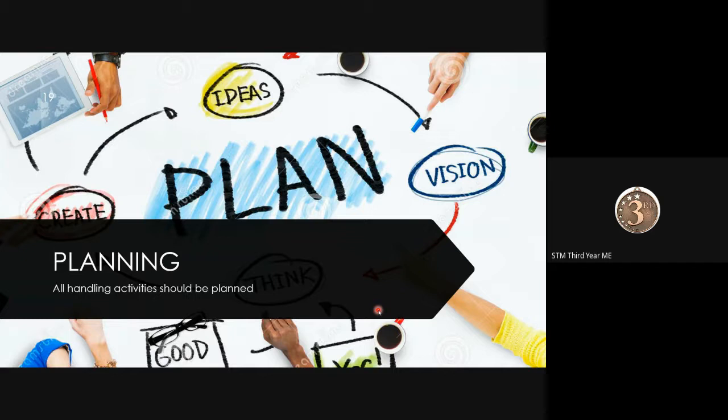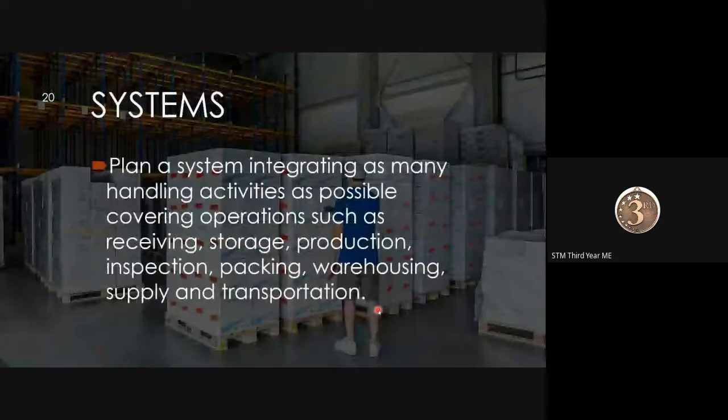We have already studied many planning stages, which were part of product design when the industry itself is being planned, right? During that planning cycle we are also planning for material handling. In a broad sense, all planning is necessary when running an industry, and one type of planning that is required is the planning operation in material handling. Okay, so that comes under planning. Next comes systems.